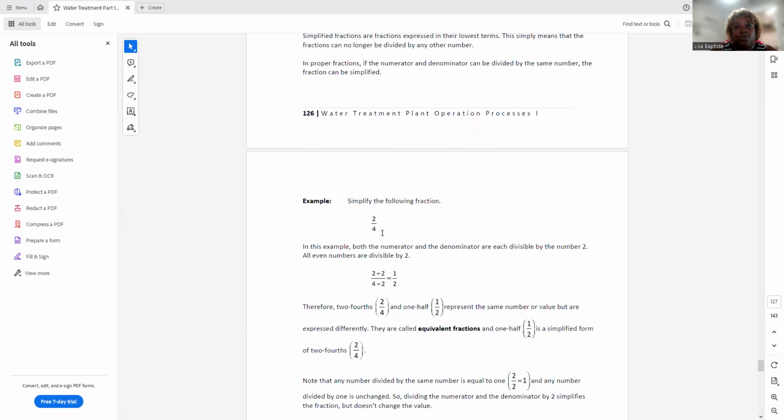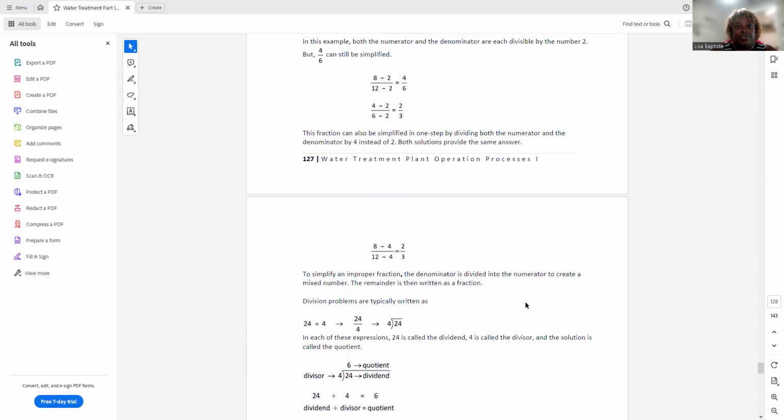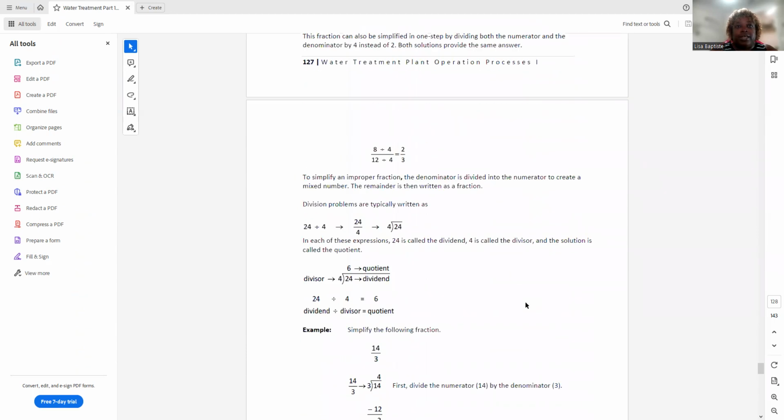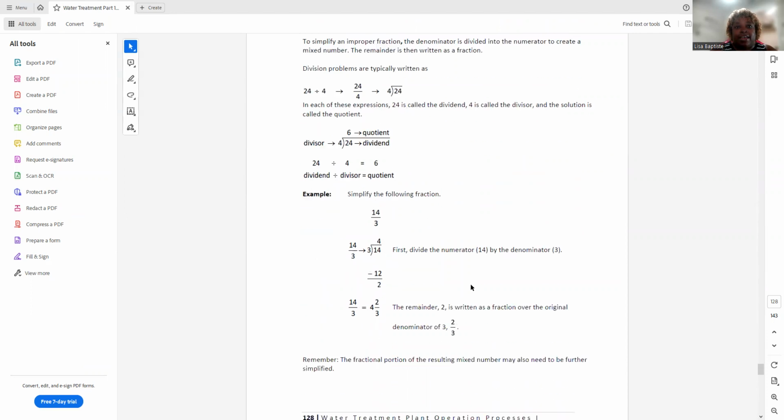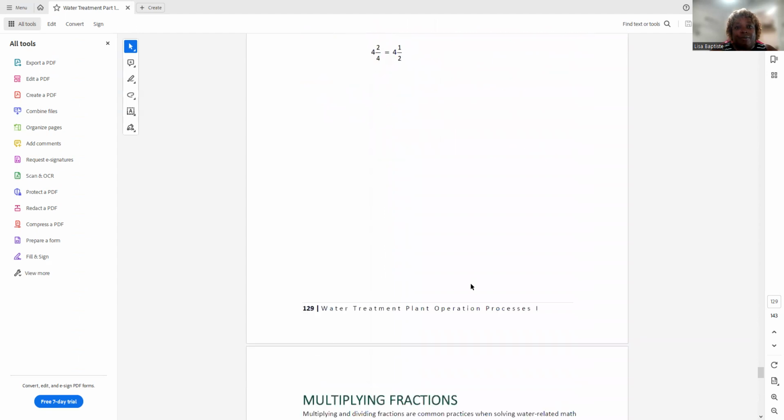If we had 2/4, the common multiple between the two numbers is 2. If we divide both numbers by 2, you would be left with 1/2. So 2/4 reduces to 1/2, pretty straightforward. You can go through those examples. Also look at division, which is another way of simplifying fractions.